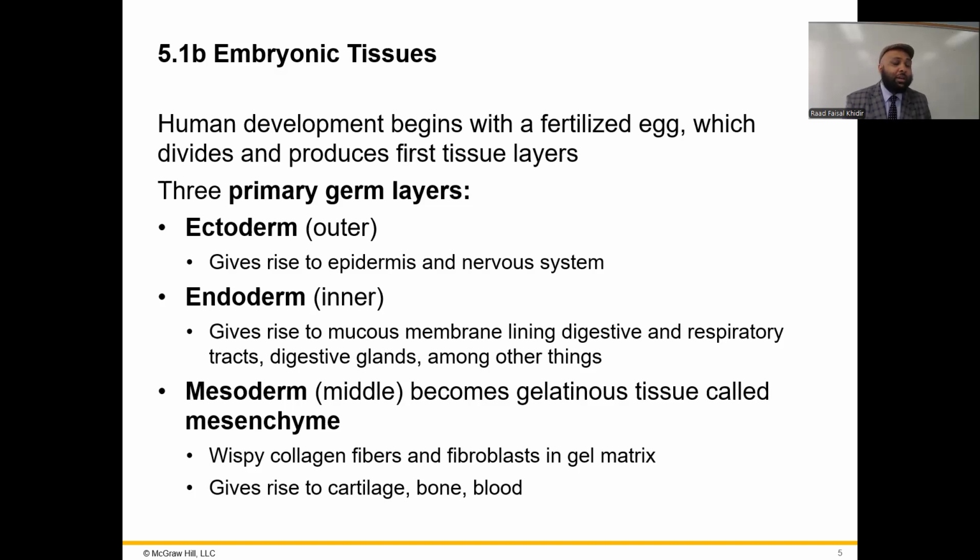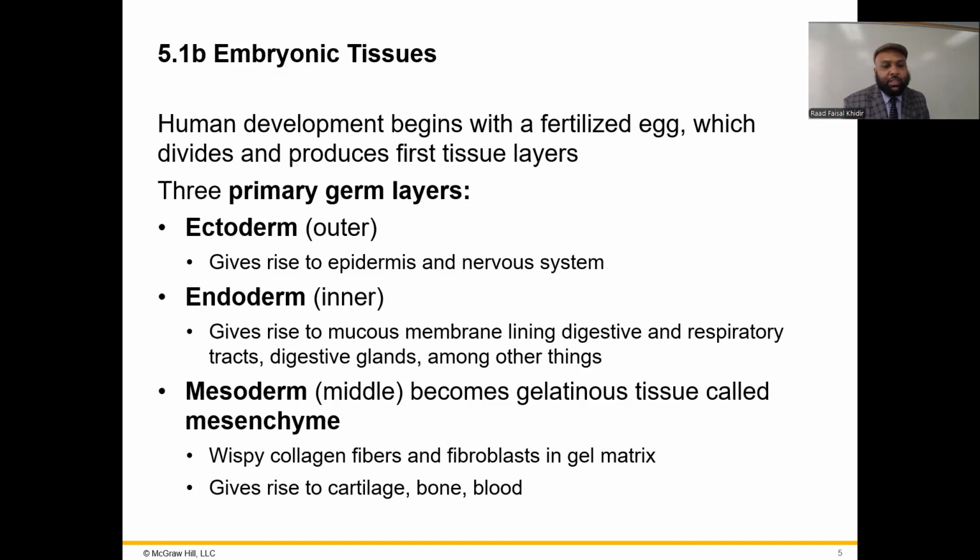So these are excellent examples of exam questions. So for example, you'll be asked, the epidermis and the nervous system, from which of the three primary germ layers do they arise? Do they arise from the ectoderm, the endoderm, or the mesoderm? And the answer is ectoderm.